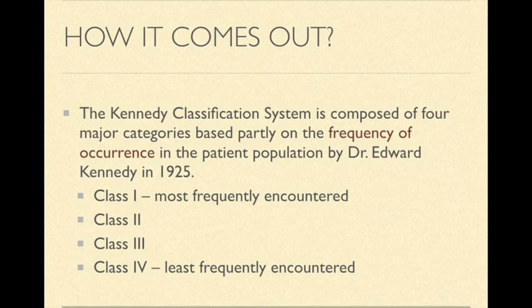When Dr. Kennedy developed this system, he came up with 4 different classes, and he used the frequency of occurrence from his experience. He said class 1 is most frequently encountered in his practice, and class 4 is the least frequently encountered.